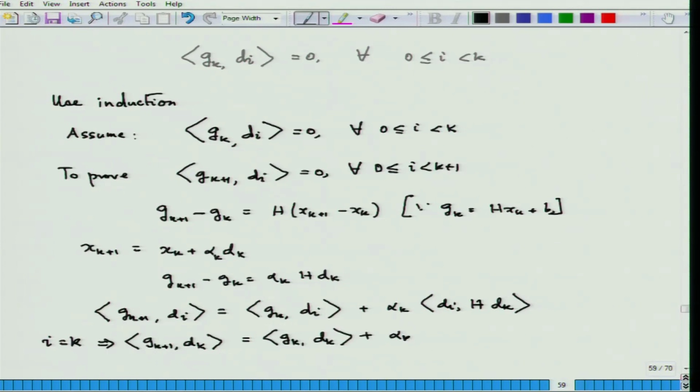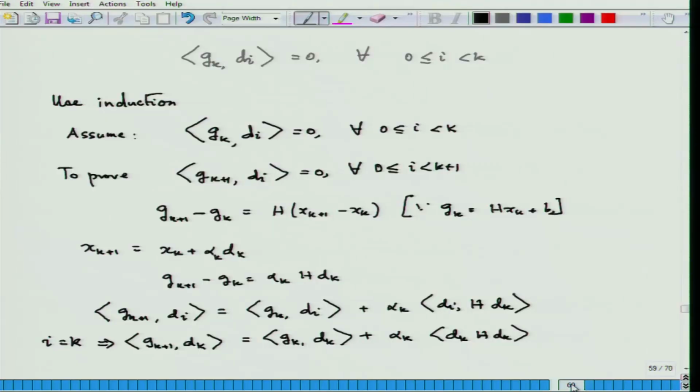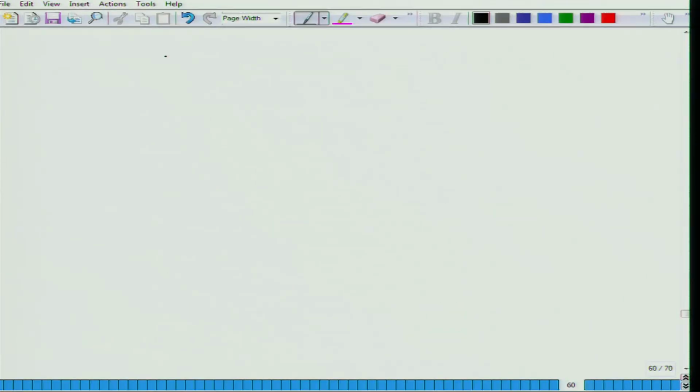Plus alpha_k d_k H d_k. Now, you know what alpha_k is? You have already solved out alpha_k. Here I have to put the value of alpha_k. So, alpha_k is already known to me, and that is minus g_k d_k over d_k H d_k.